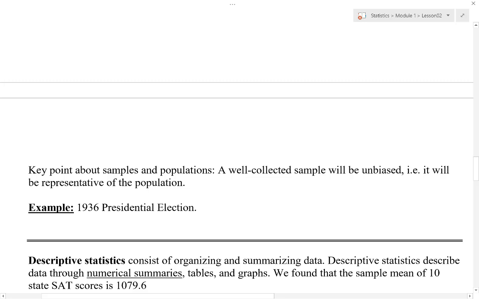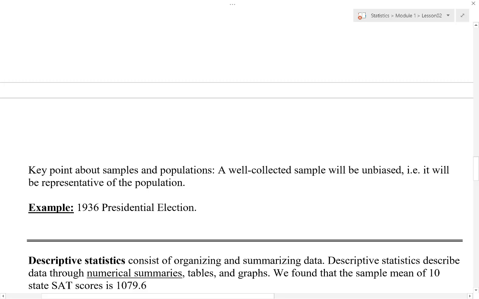And in 1936, you had the incumbent Democrat, Franklin Delano Roosevelt, and he had a Republican challenger by the name of Alf Landon. So what the Literary Digest did is they made postcards or ballots, right? And they mailed out about 1 million, and they got about 1 million of these things back, which is enormous. That's an enormous sample.